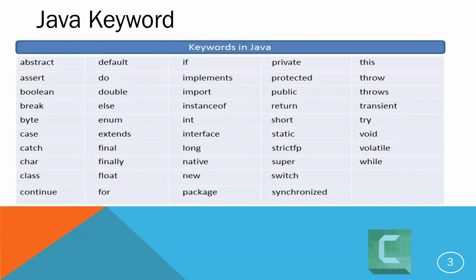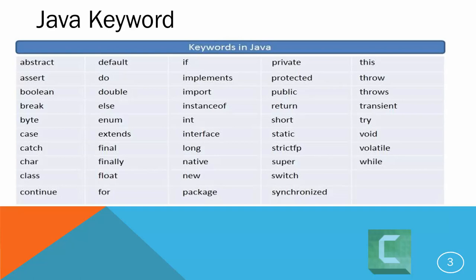Strictfp, I will tell you later. It is very rarely used. Volatile is used when you are dealing with serialization. Char is again a primitive data type.